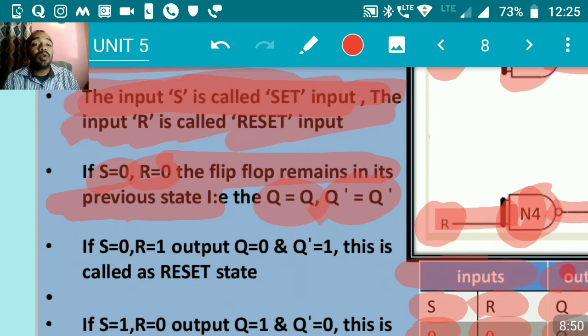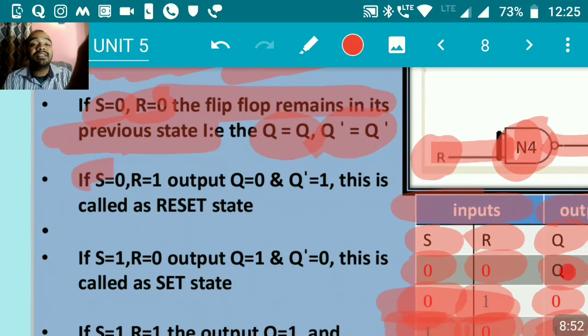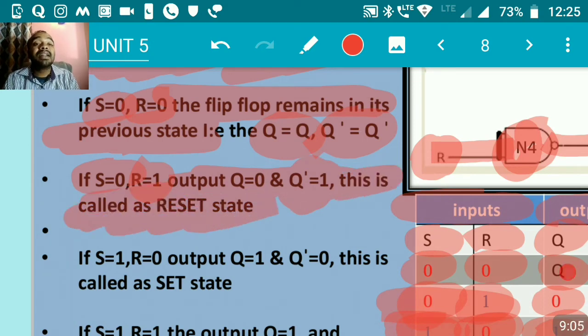Next, if set is equal to 0 and reset is equal to 1, the output Q is going to be 0 and Q bar is going to be 1, and this is called the reset state of your flip-flop. The flip-flop is going to get into the reset state when you have S equal to 0 and R equal to 1.